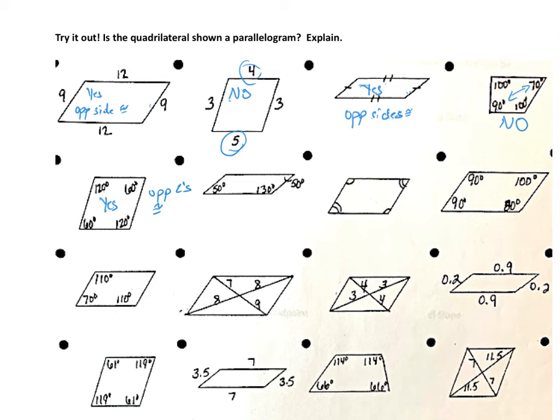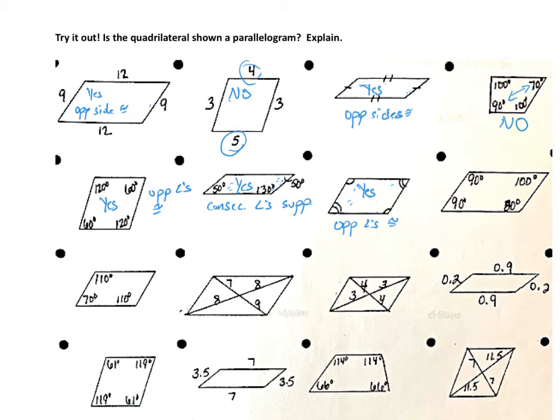Opposite angles congruent. These are the same, and these are supplementary, so yes. Consecutive angles supplementary. What about this? These opposite sides are congruent, so we can say yes. Opposite angles congruent.